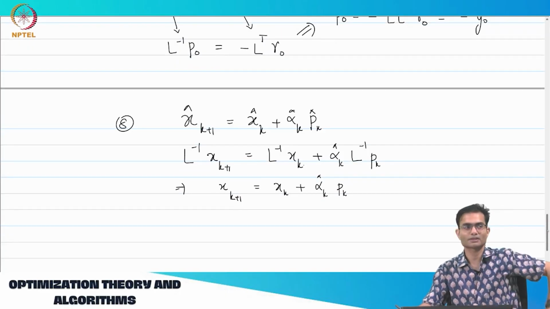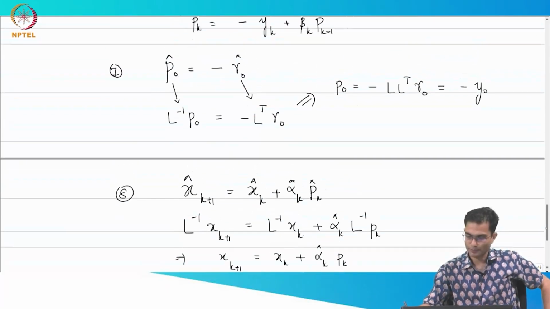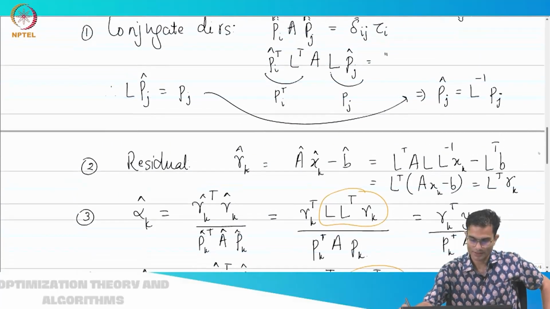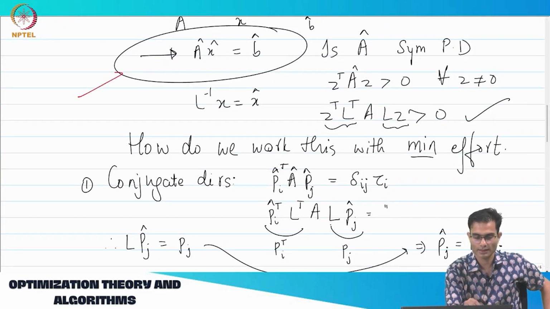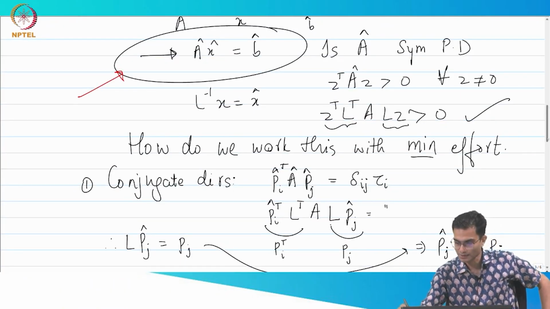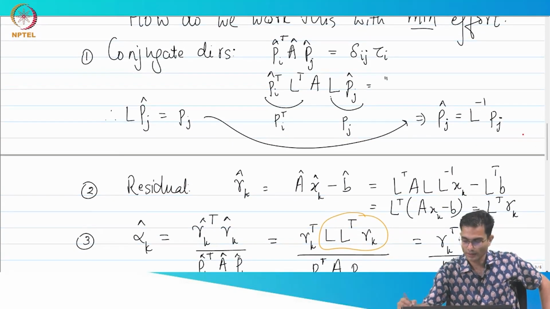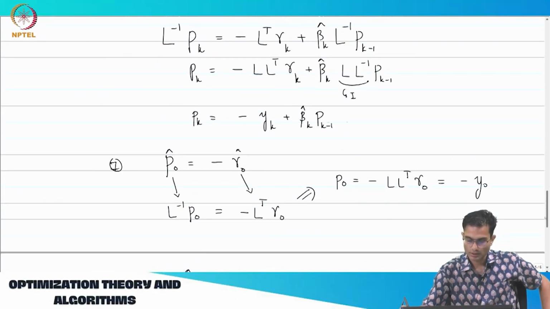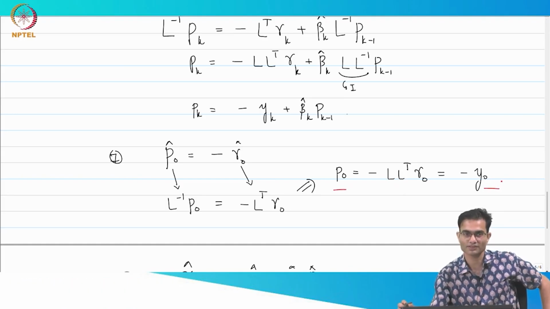So that is quite interesting, because what is it saying? Let's just recap from the beginning what we did. We started with a new system of equations which was A hat x hat is equal to b hat. So far we have not spoken about how we get L, but let us assume we have it. Then we saw that after all of this algebra, the starting direction p naught was simply minus y naught, which looked similar to the first CG step.